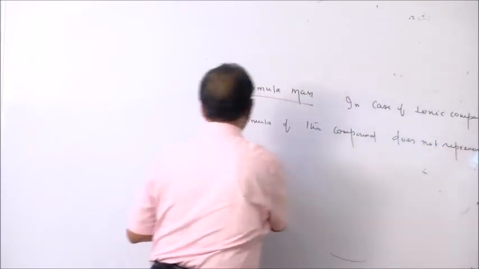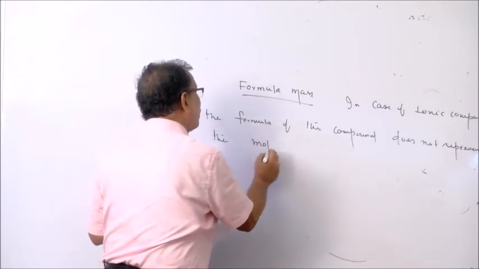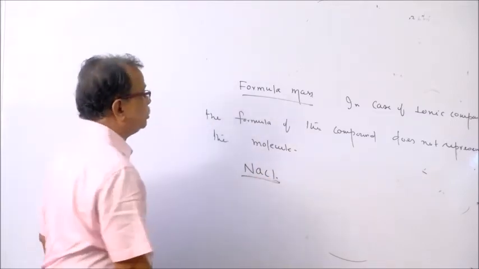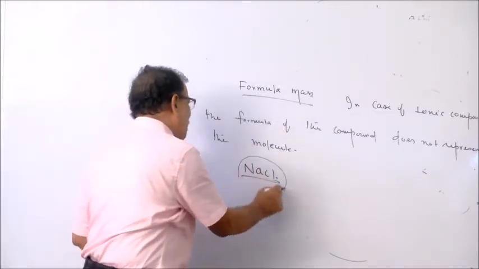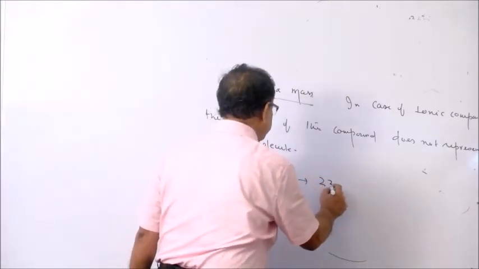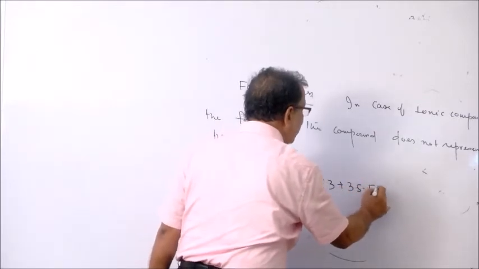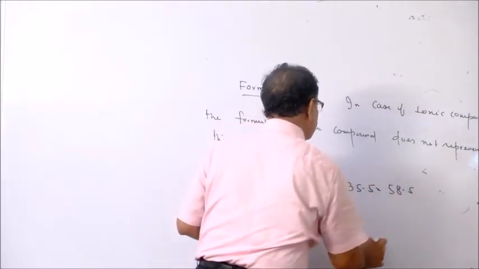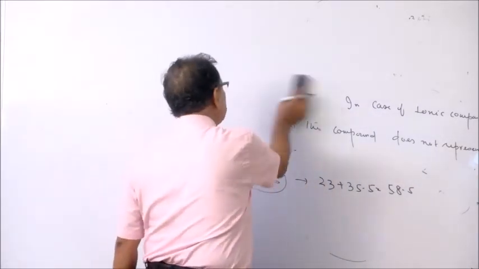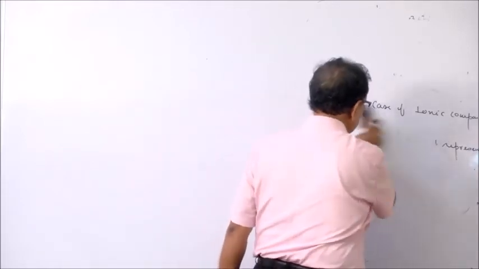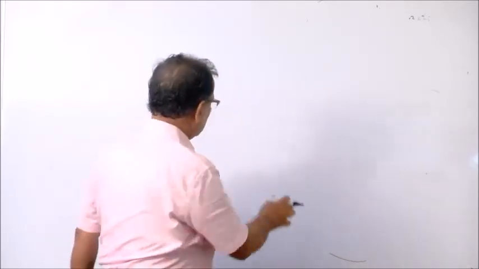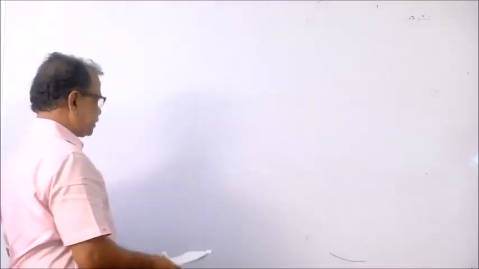For example, sodium chloride is an ionic compound. The formula mass of sodium chloride: sodium 23 plus chlorine 35.5 equals 58.5 grams. Equivalent mass I will discuss later; it is not prescribed in this course, only molecular mass and atomic mass.